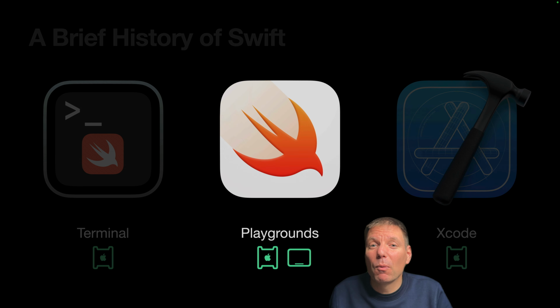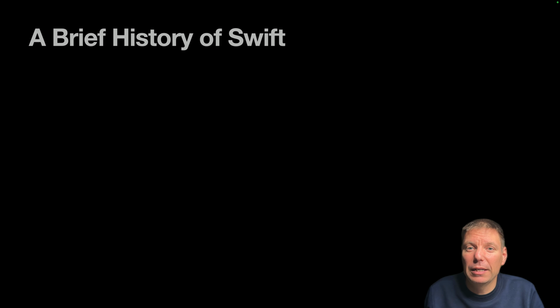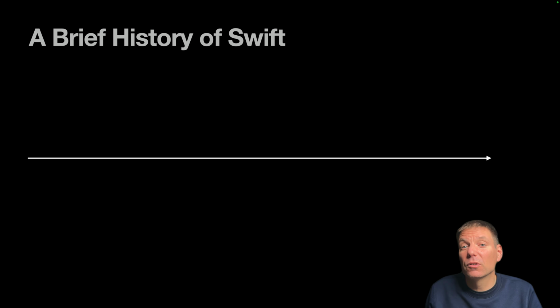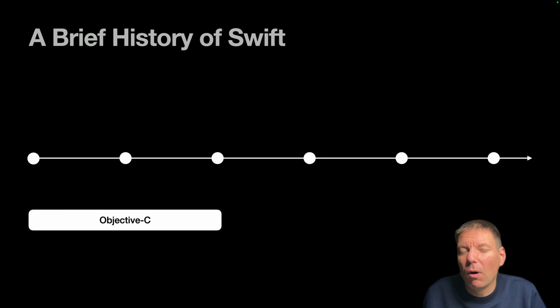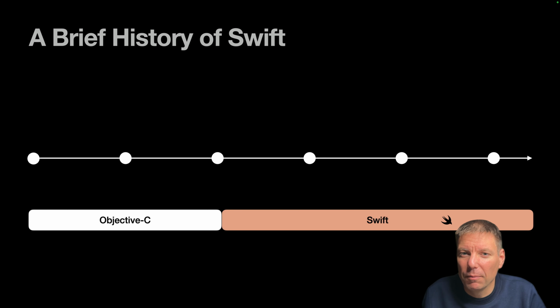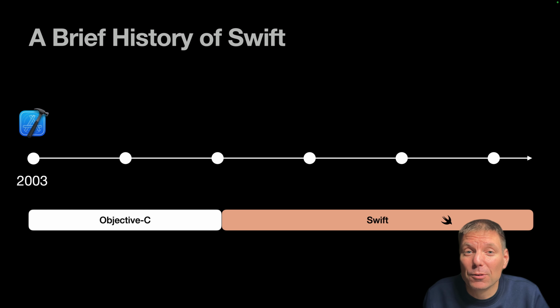Now, I want to finish up with just a brief history of Swift, and I'm going to break this up into two eras. The first is the Objective-C era, followed by the current Swift era. Now, I'm not going to go into the details of how Apple came to use Objective-C as its language of choice for programming on its platforms, so I'll try to anchor us, let's say, 2003 when Xcode was launched.